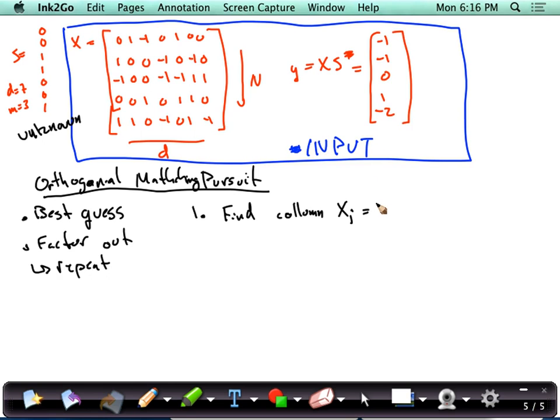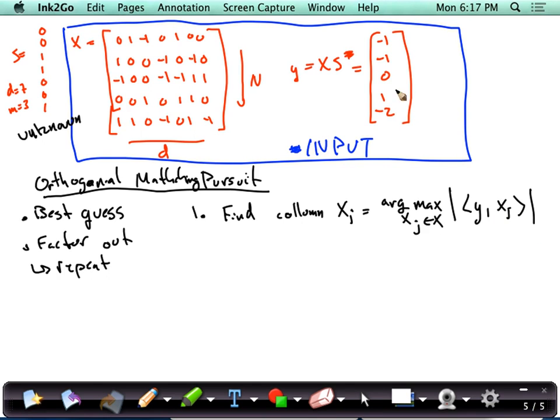So I'm going to find this value, which is going to be the arg max. It's going to maximize over all these xj in X, right? So it's going to maximize the norm of the dot product of y comma xj.